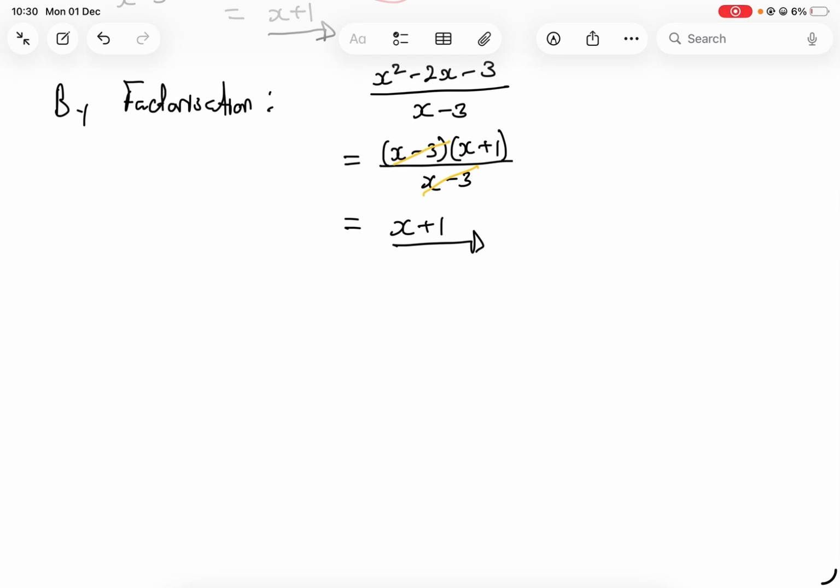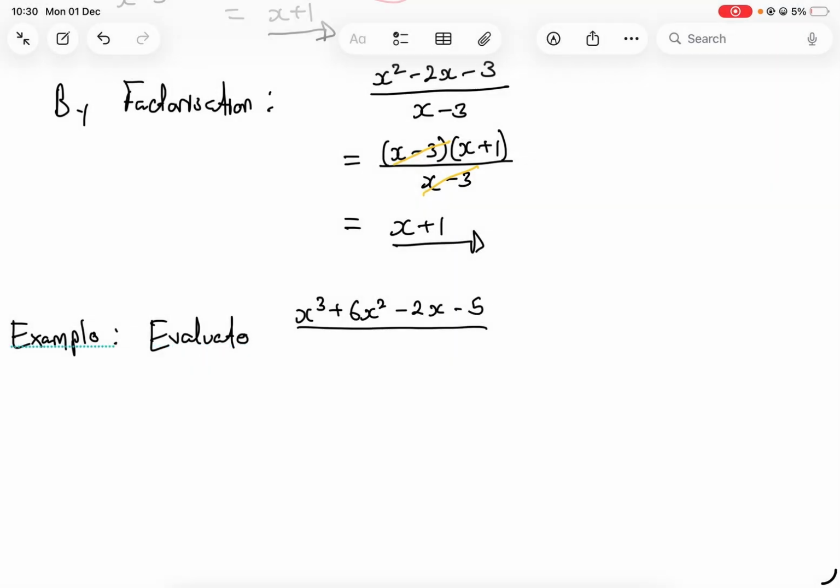Okay, let's say we have, evaluate, say x cubed plus 6x squared minus 2x minus 5 all over x plus 5, using long division. Okay.